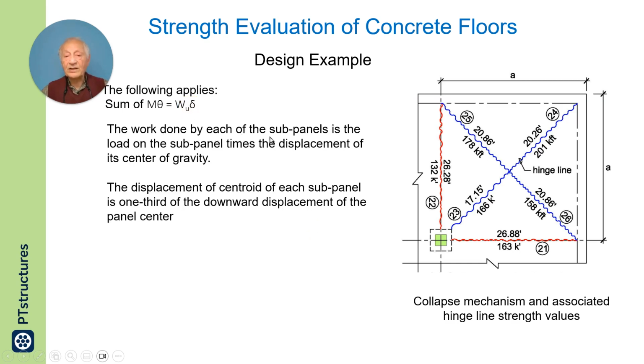The work done by each of the slab panels is the load on the sub-panel times the displacement of the center of gravity of it. For each panel, like this, is the load on it times the displacement of its center of gravity. The displacement of the centroid of each sub-panel is 1/3 of the downward displacement of the panel center. The centroid here, the center of gravity, will go down 1/3 of this point.